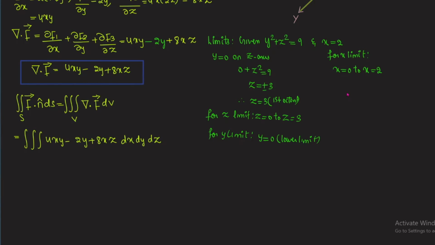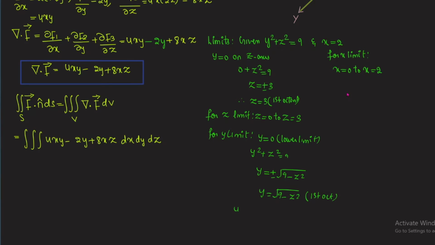The upper limit comes from the equation y squared plus z squared equal to 9. The y value will be plus or minus root of 9 minus z squared. We take y as the positive root of 9 minus z squared since it is in the first octant.